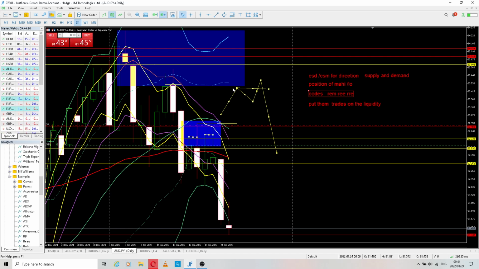Sometimes it's not the high of the day, but just equal highs. You might find the market has created an equal high like this, and maybe it might be a session. Maybe on a London session you had this, then the market came down, then the market created this again.